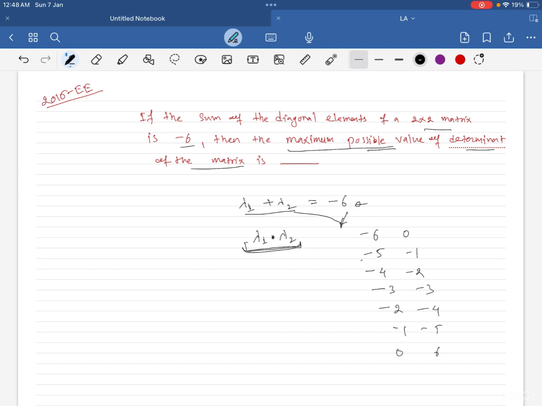So either we can take these two positive, but we cannot take both of them positive. Why? Because the sum should be negative. The sum will be negative only when we take both of these negative, or maybe one number more negative than the other.